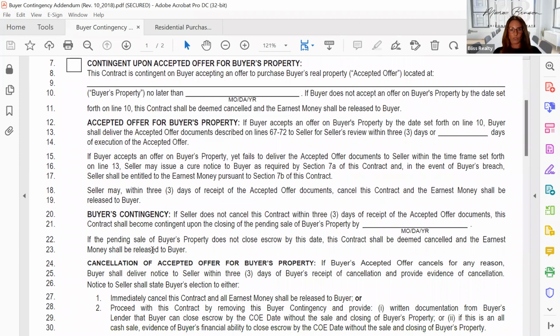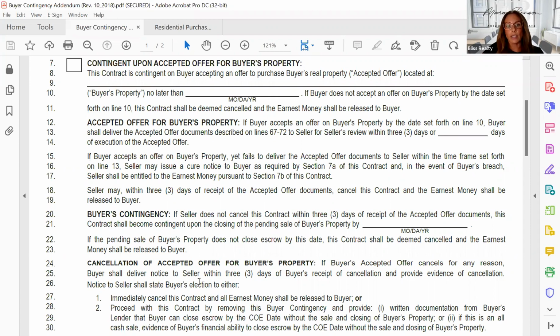If seller does not cancel this contract within 3 days of receipt, here's the thing. A buyer can come in after us, like a backup offer, and not have a contingency, and they can bump me. But the seller has to give me notice, and they have to give me 3 days to remove my contingency.